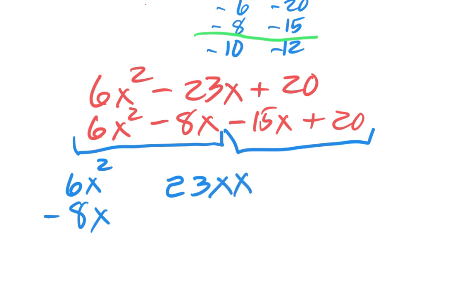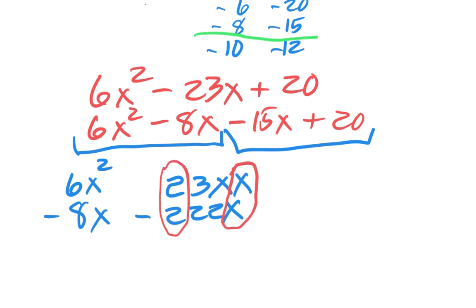For negative 8, I have a negative 2 times 2 times 2, because if I take 2 times 4 and then factor the 4 into 2 times 2, I've got 2 times 2 times 2 and the x. Let's find our common factors. We have a set of 2's. We have a set of x's.